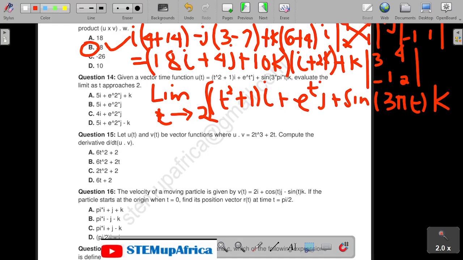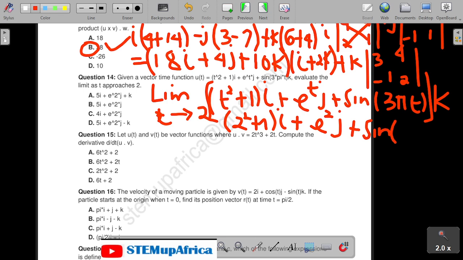Here I see t, I will substitute 2. So I'm going to have 2 squared plus 1 i, plus exponential 2j, plus sine 3 pi times 2k.